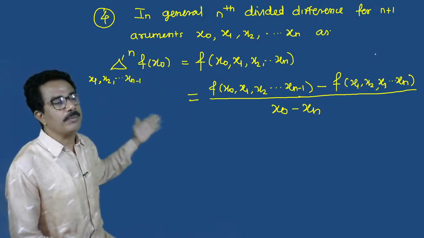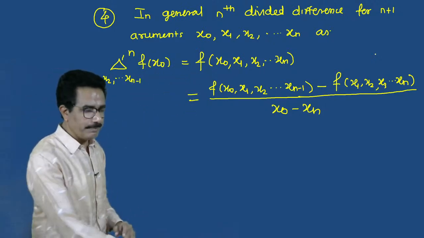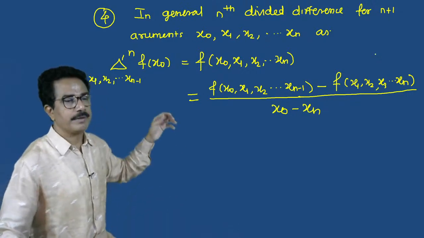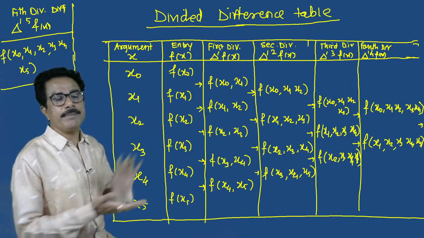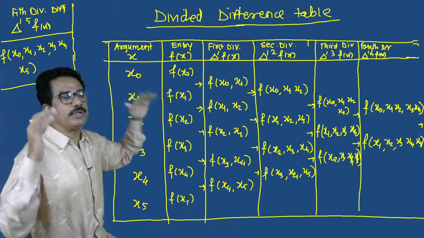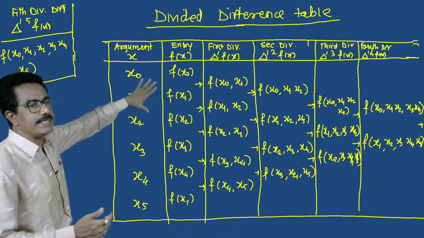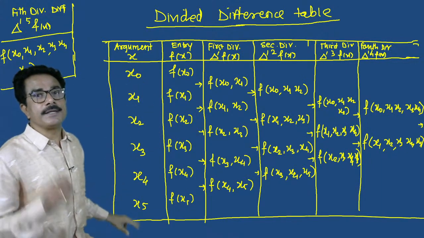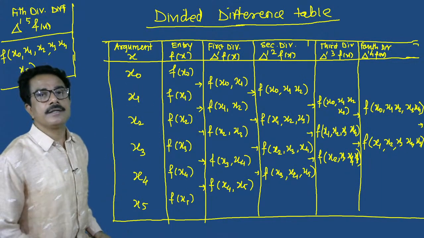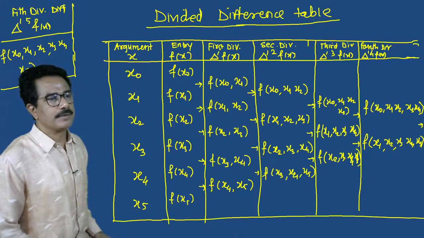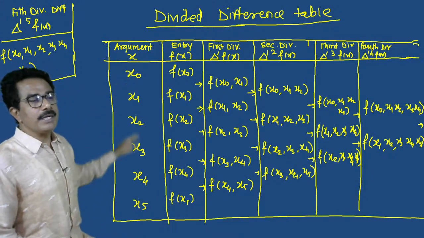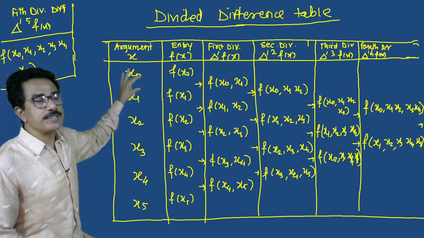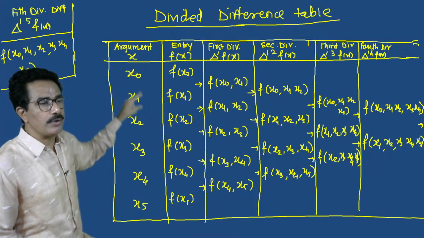In this way we can obtain it. In this way we can calculate the nth divided difference. And we can calculate this from the table too. We can write the divided difference table in this way. These are the arguments which are at unequal intervals, not equispaced arguments, x0, x1, x2.